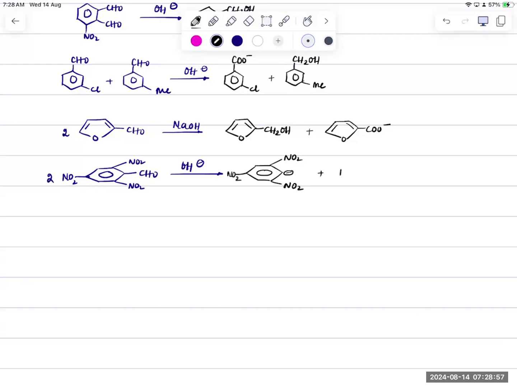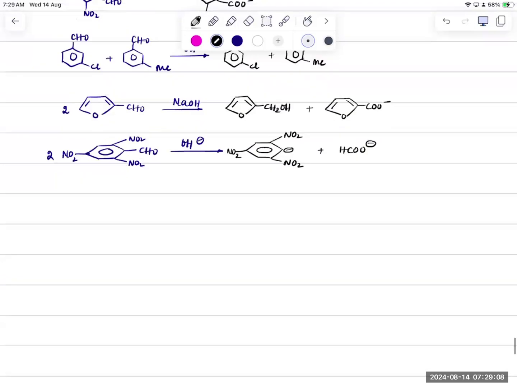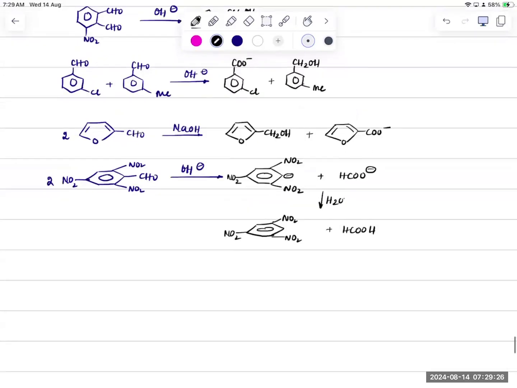And the rest of the carbon will become HCOO minus. I guess this is clear. So after adding water, what is the product we will have? The products will be this benzene with 3 NO2 groups. It will take one H plus from water and HCOO minus will also take and convert into an acid. These are the final products formed.